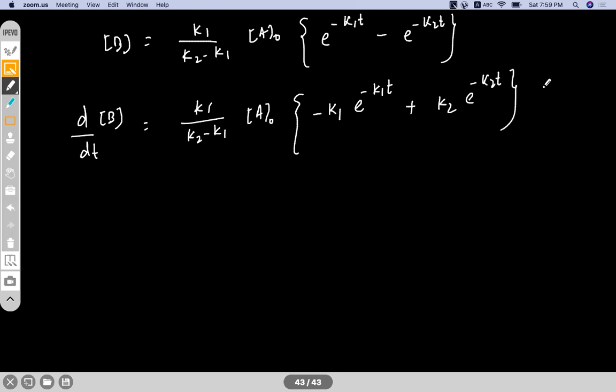When you equate this to 0, we can write K2 e to the power minus K2T equals K1 e to the power minus K1T.